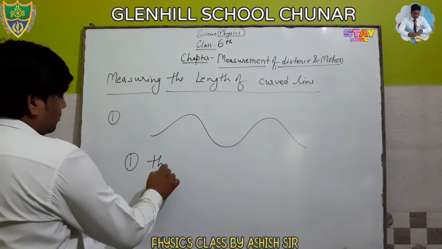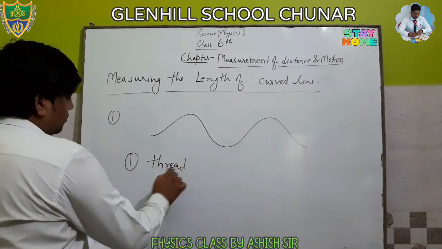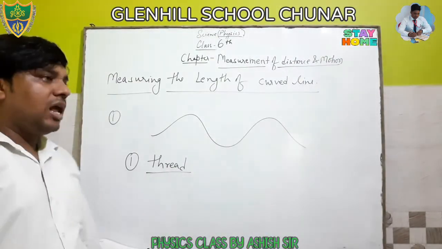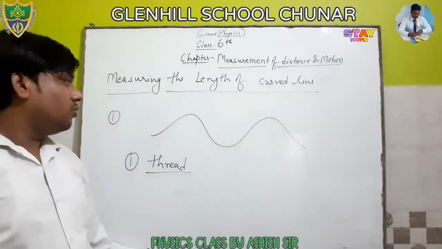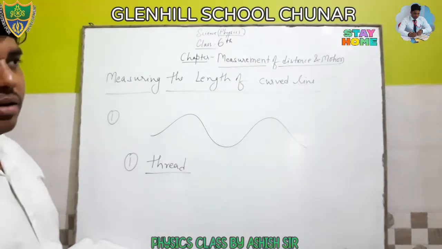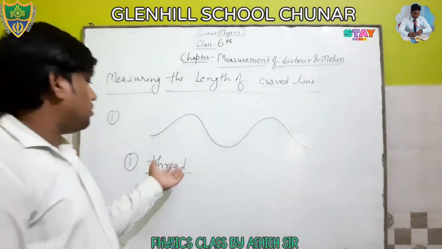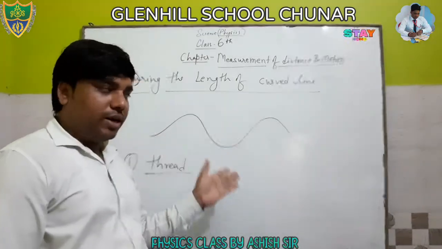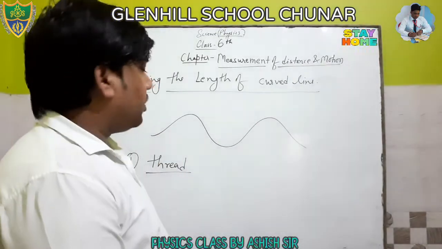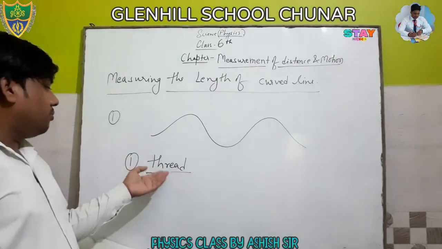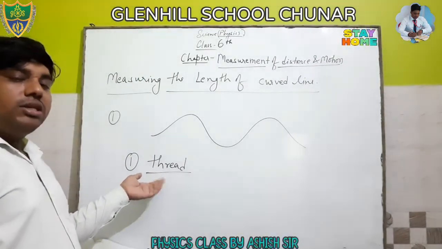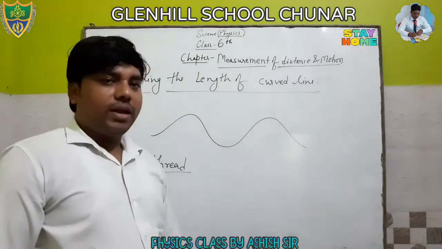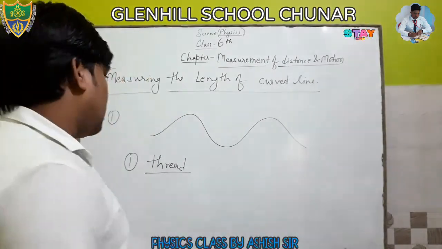thread. With the help of thread, you measure the length of the curved line. First you measure the length of this line with the help of thread, and after that you measure this thread on the scale, and you get the length of this curved line. Understood? Clear?